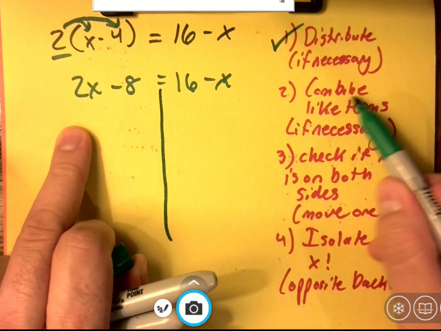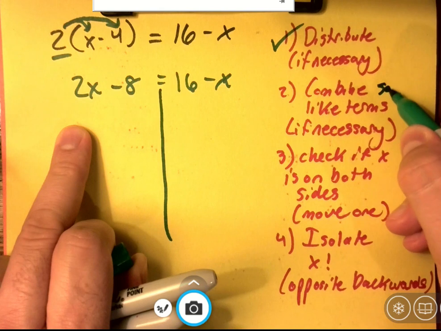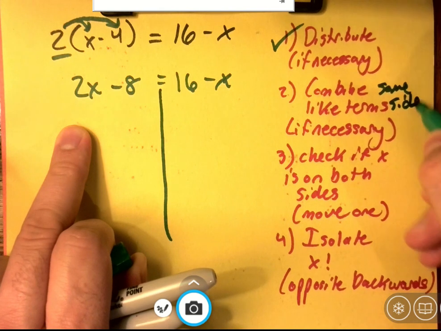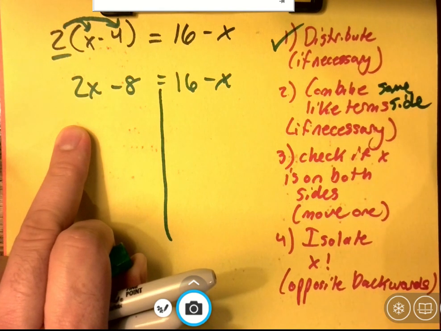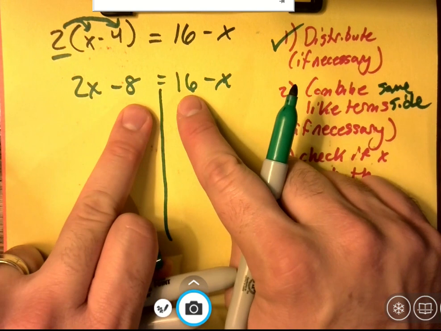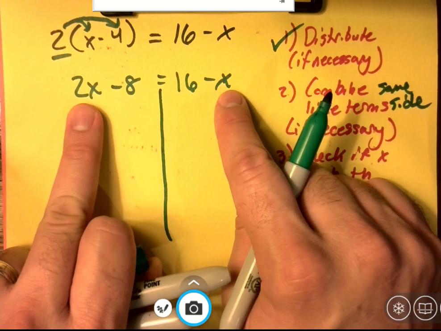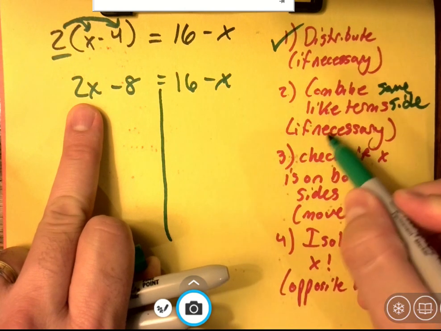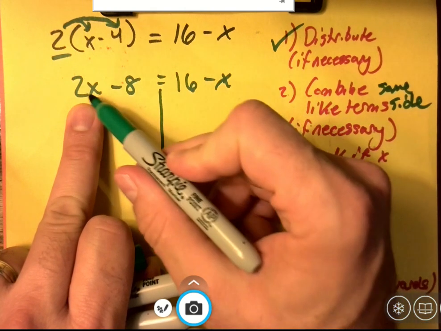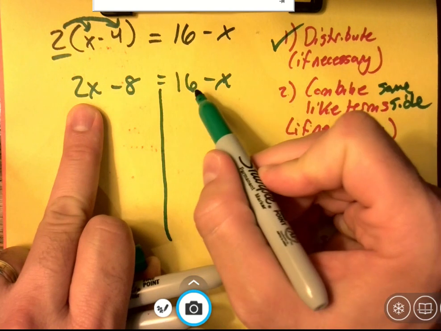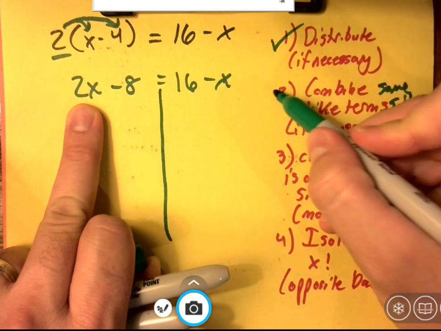When you're combining like terms, they have to be on the same side. If they're not on the same side of the equal sign, you can't combine them. So we also can't combine the negative 8 and 16. I see a lot of students wanting to combine like terms that are not on the same side. So you can't do that. Here it's not necessary because these are not like terms on the same side, we can't combine them. So we're done with that step.